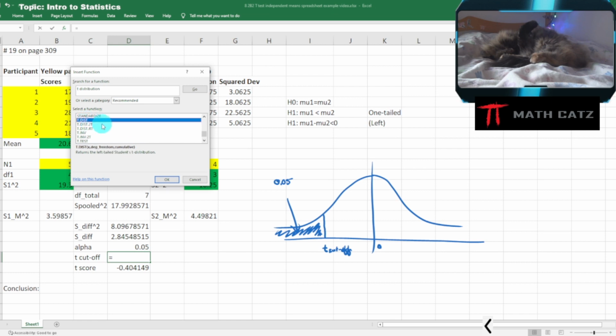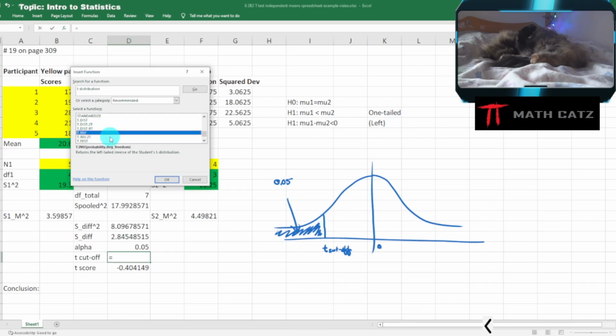T-distribution, cumulative, I take a score or an X value, and it returns a cumulative probability. That's not what we want. We have the probability. We want the t value that sits on that line. So we want the inverse. And there's also a two-tailed one you see there. Well, we have a one-tailed situation.